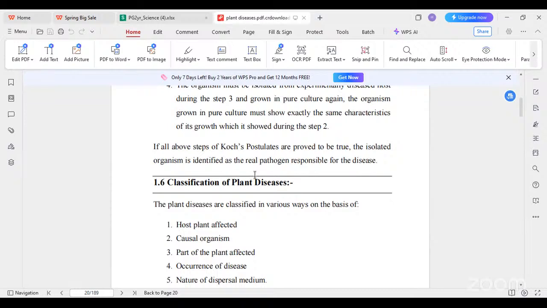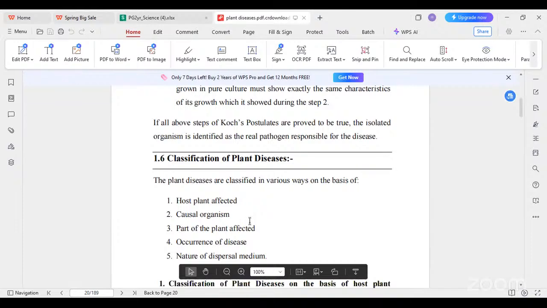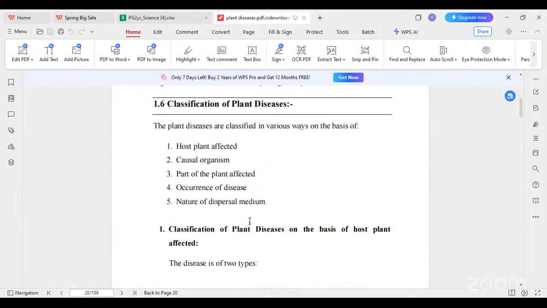Next one is the host and plant affected. First one is the host, causal organisms. Next one is the part of the plant affected.